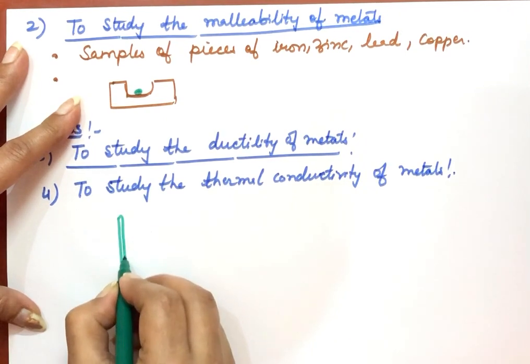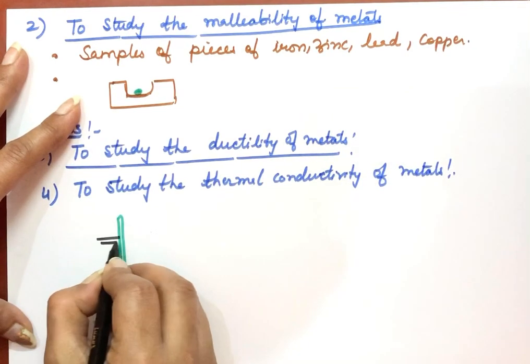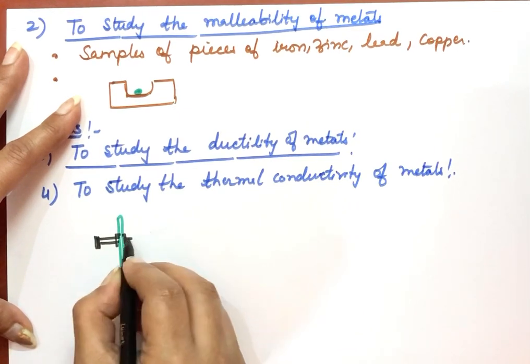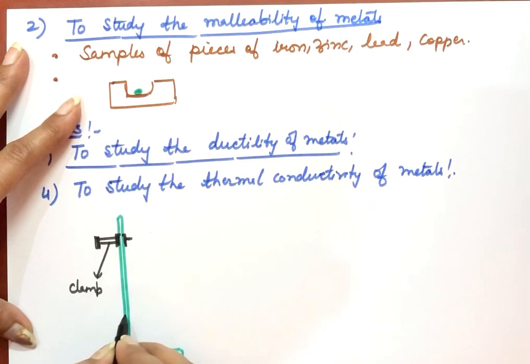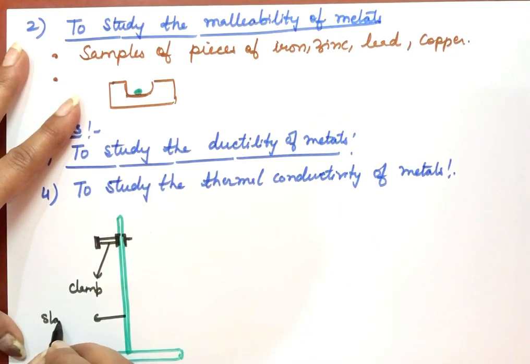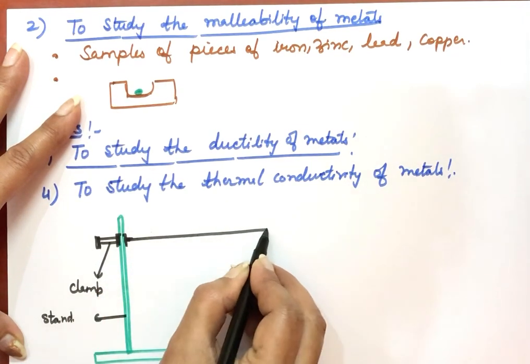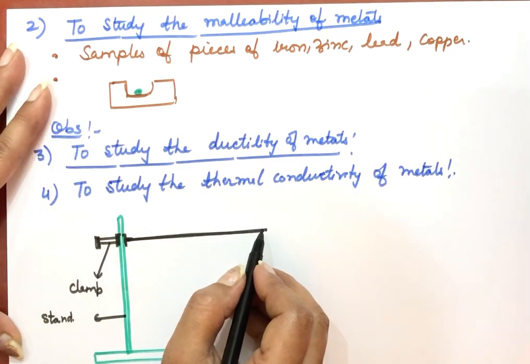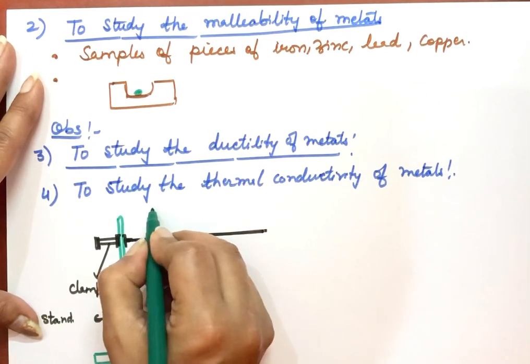This is a stand that we are taking, and this is a clamp. On the clamp here we'll take a wire. Aluminium or copper wire we can take. So this part I'm labeling, this is a metal wire.